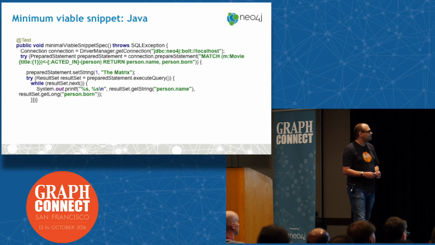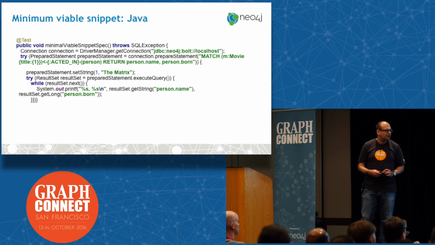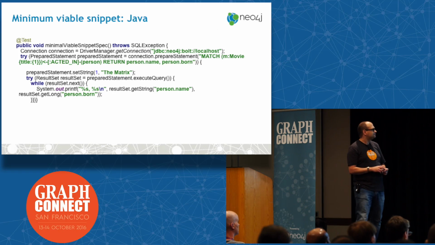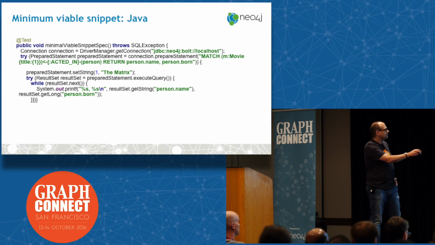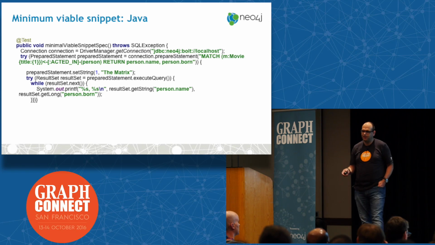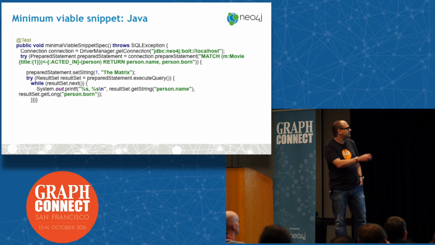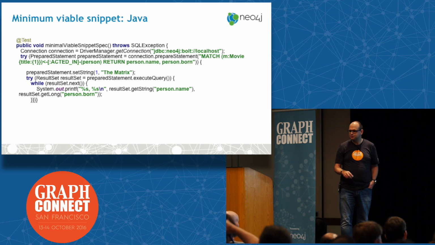This is a minimum example in Java of how to use JDBC. Here we have the driver manager. We open a connection to jdbc:neo4j:bolt://localhost. That means we're communicating with the local instance via Bolt. On that, we create a prepared statement. I guess you all know parameterized Cypher, where you have this curly braces syntax to introduce parameters.